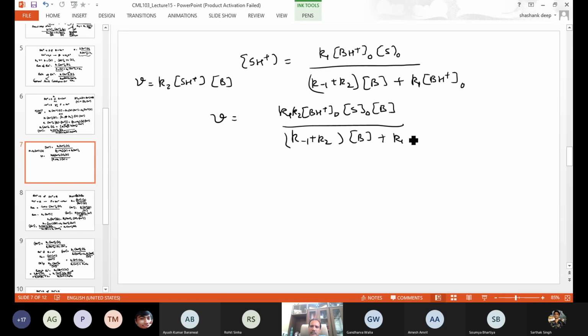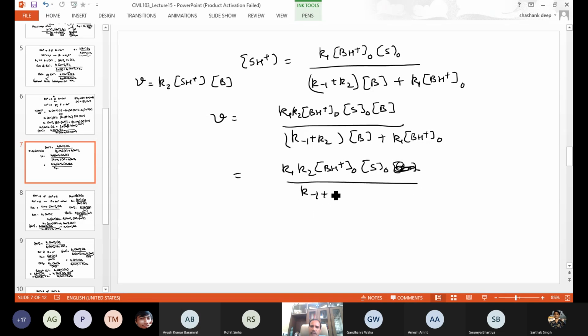And then if I divide by B, what will I get? K1 K2 BH plus naught S naught, and B cancels out. What is left is K minus 1 plus K2 into B, where B cancels out, plus K1 BH plus naught by B.